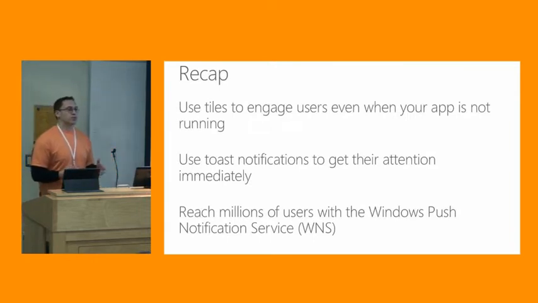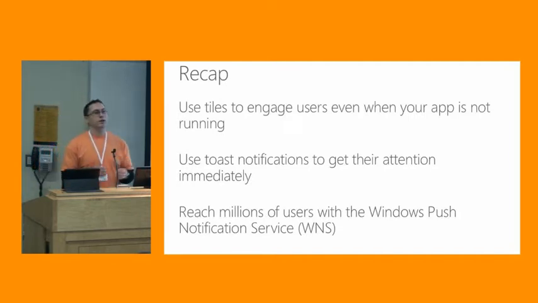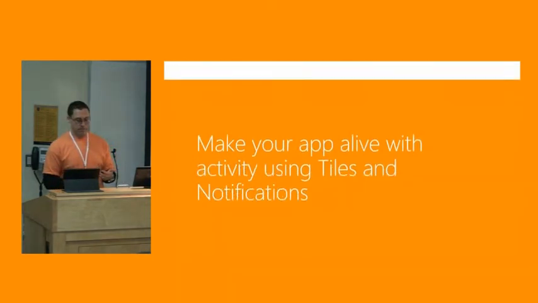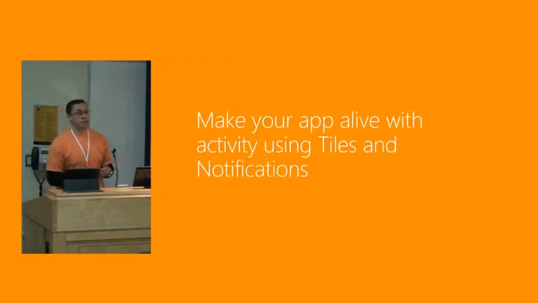And use push to reach millions and millions of users and really turn that good app into a great app by keeping content fresh. And bottom line is, make your app alive. Make it look like something's happening. Make me excited as a user to look at my start screen and see what's new with your app rather than just staring at a blank logo every time.